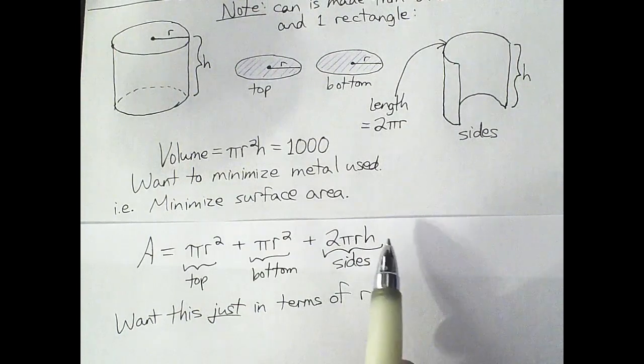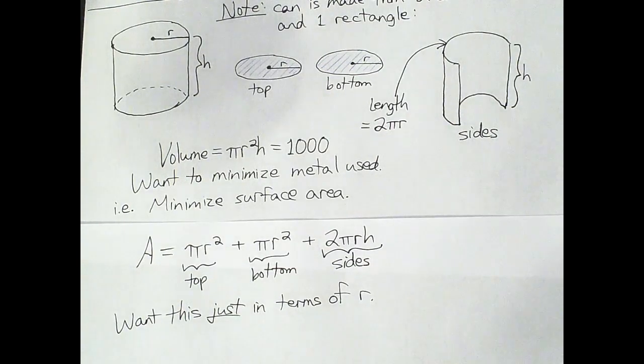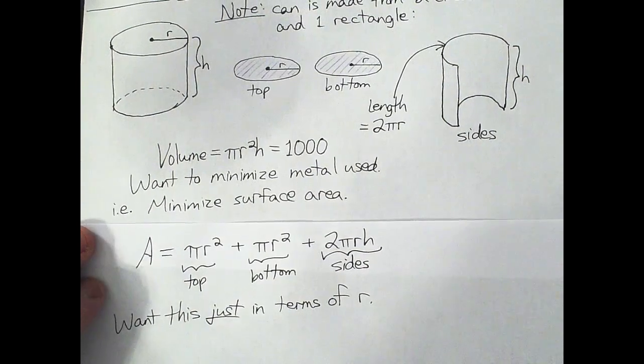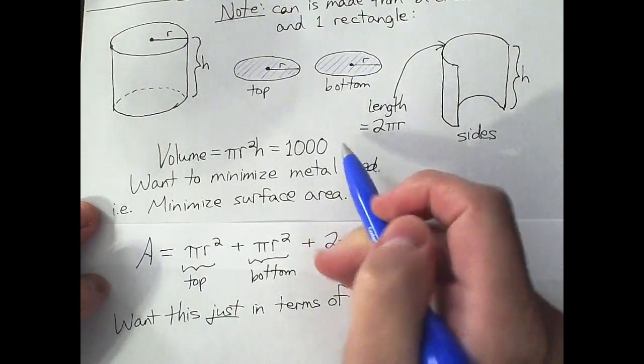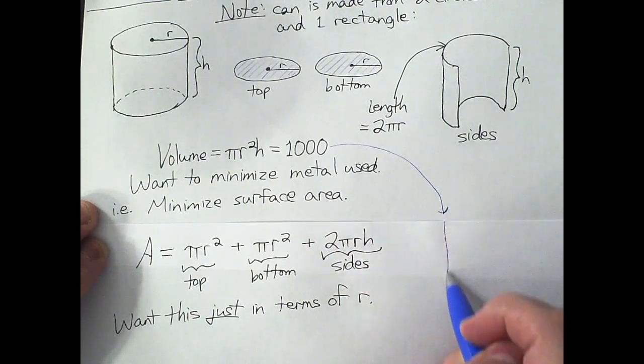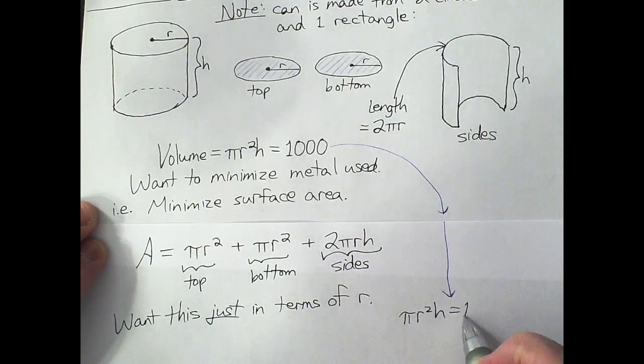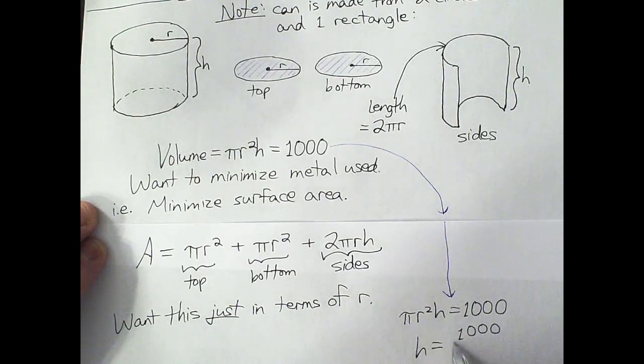H only appears once. So do you see anything that we can use to help get this just in terms of r? Yeah, we've got something we can use. This thing up here: pi r squared h equals 1,000. It means that h is 1,000 over pi r squared.